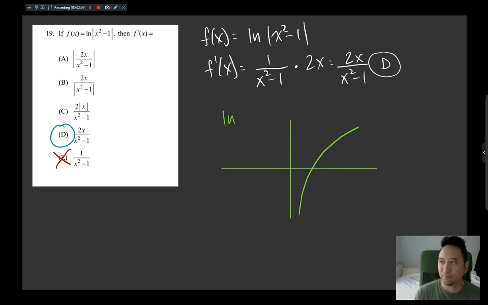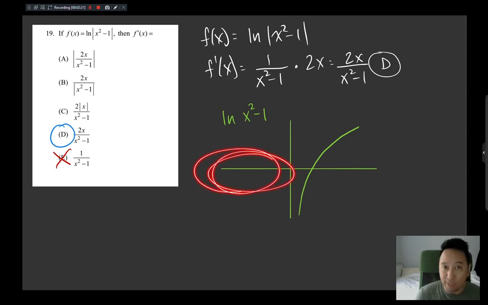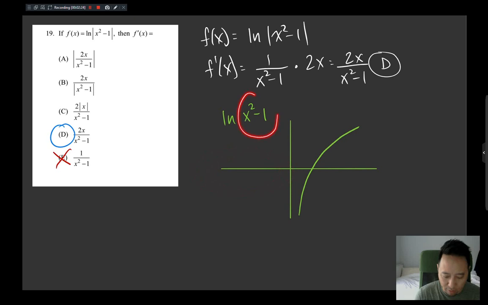Great, no problem. Then you think about the x squared minus 1 part of this graph, and I'm not including my absolute value, not yet. If you think about x squared minus 1, that means I could input negative values, because x squared makes it positive. And you take the natural log of positive, you are going to get answers.